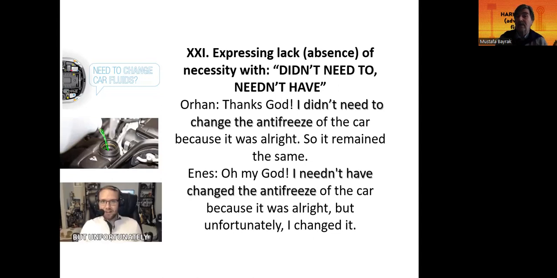But unfortunately, I changed it. You see, there is a big difference between didn't need to and needn't have changed. Of course, didn't need to change is in simple past tense, but needn't have changed is in modal perfect. Okay, again about the past.